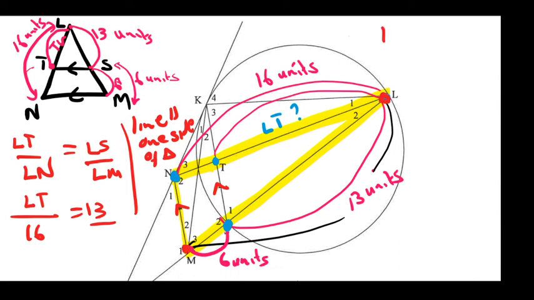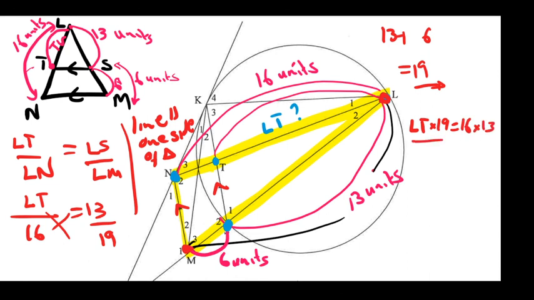So you just add the 13 plus the 6, which should give you 19, so it's over 19. So now we can cross multiply to find our LT, which is LT times 19 is equal to 16 times 13, right? And then you divide by 19 both sides. We have LT is equal to 16 times 13 over 19.